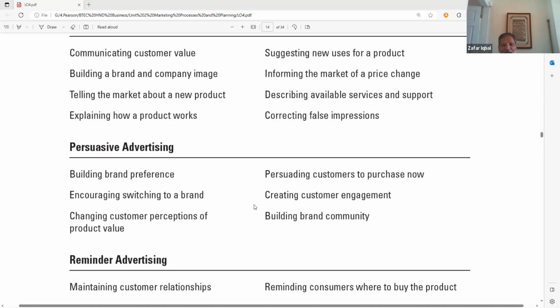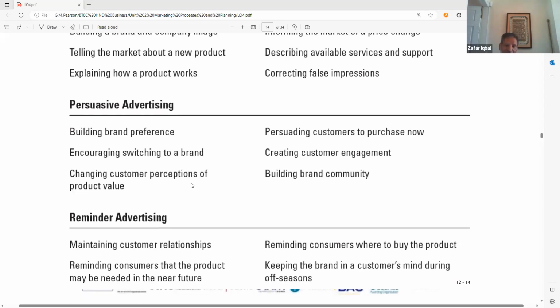So, in other words, you're creating customer engagement, you're creating customer brand loyalty, you're getting people to buy these products. You are persuading them, whether it's true or not true about the features of the product, but the message is to persuade. Okay, so this is the second objective of advertising.